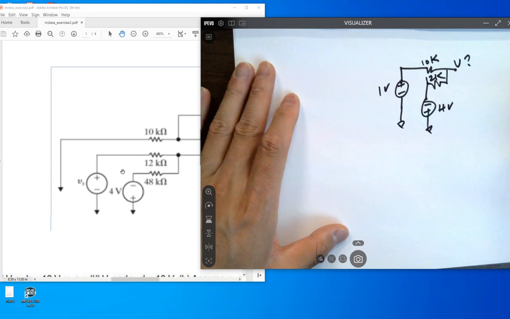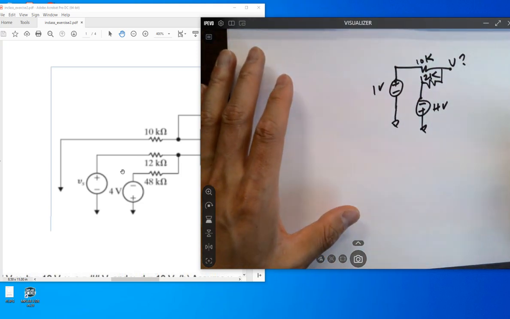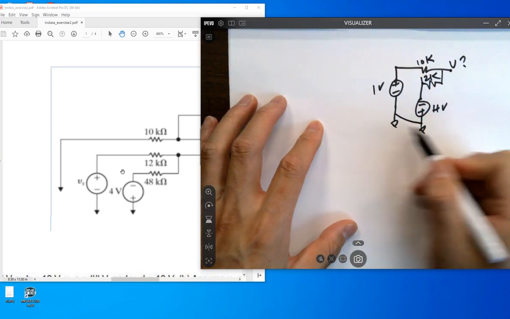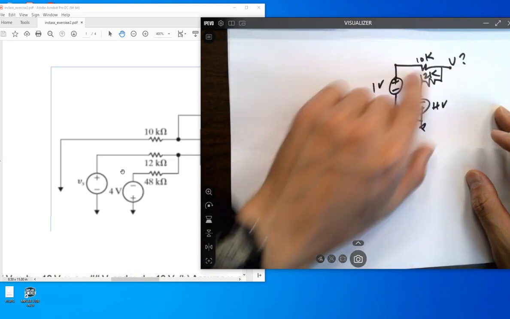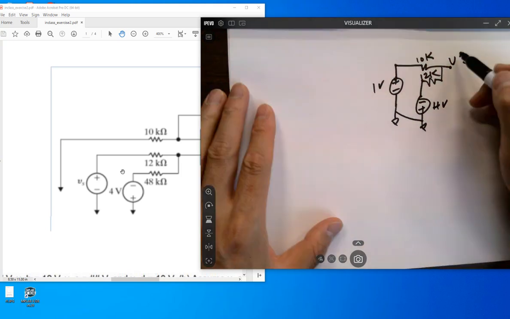Can you calculate the voltage here? Yeah, that's the simplest circuit you can get, right? Just two sources and two resistors. These are shorted together because they are both grounded. So eventually, it's just two sources, two resistors. You can use either mesh, KVL, or node voltage method, whatever. So this is easy to get, right?